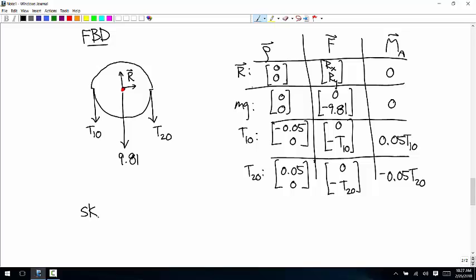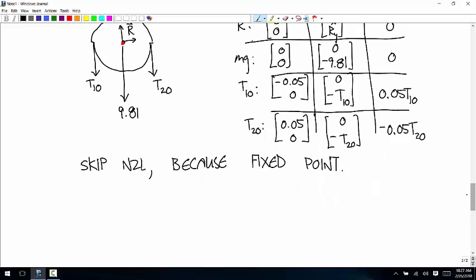So we're going to skip Newton's second law because there is a fixed point. It's not that confusing. It was just confusing because I said it backwards. So if there's a fixed point, and there is in this case, then you skip Newton's second law, and we go right to the rotational equation.